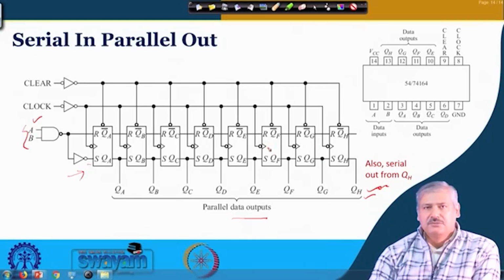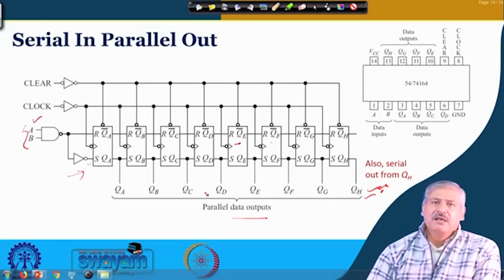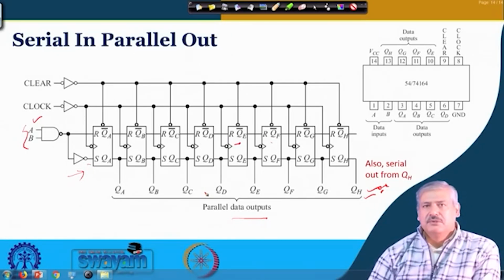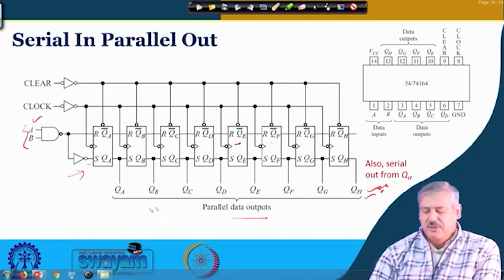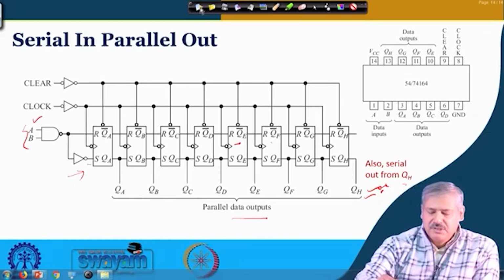After one more clock, QF will be available here. After another clock, QE will be available here. That way also you can read all of them by triggering the clock, but it will require more clocks, and you already have the option of parallel reading. But it is also possible to serially read it through QH.